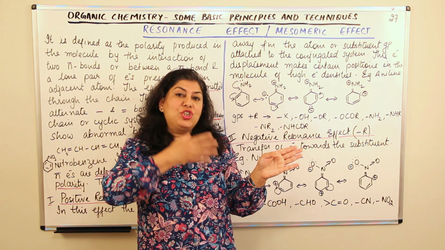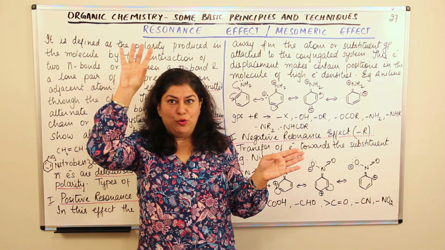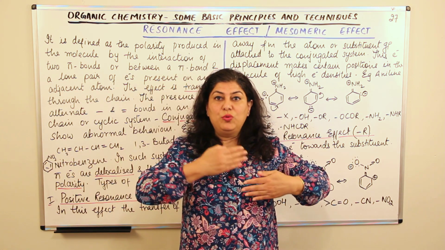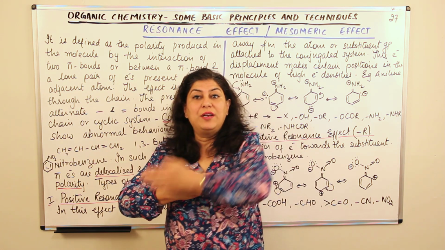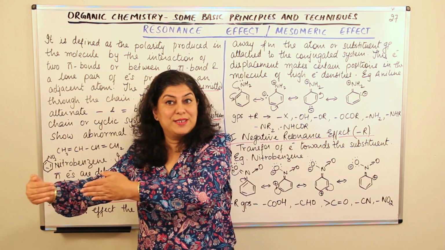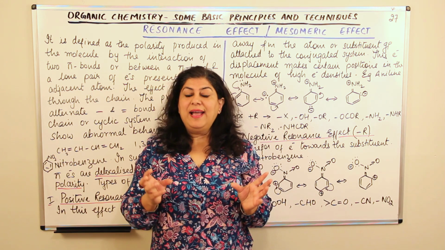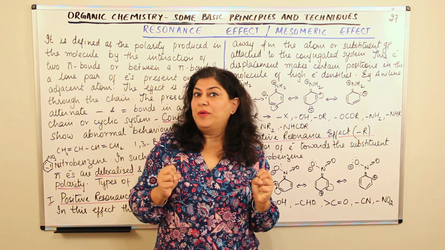So such loose electrons, either in the form of lone pairs or in the form of pi electrons, when you have a system, a molecule in which you have these in an alternating sequence, such a system is known as a conjugated system. And why is the conjugated system so important?